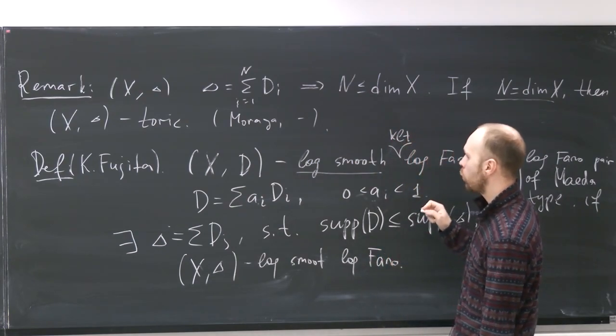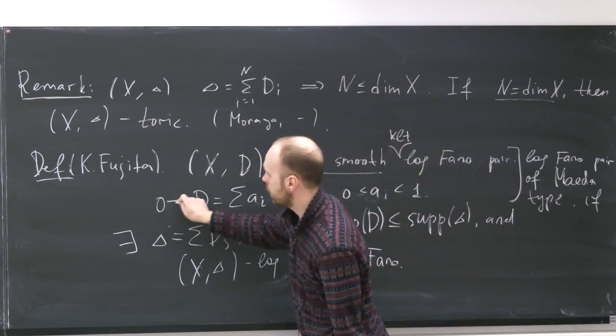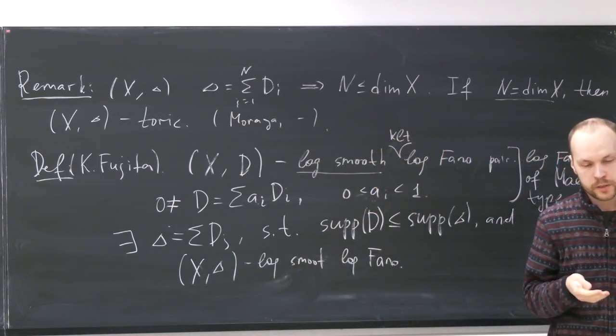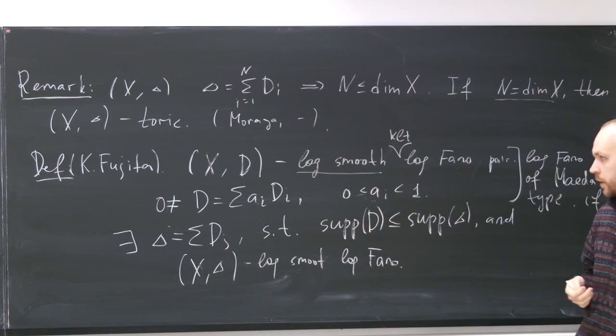So let us also assume that this boundary is non-zero. Again, otherwise we get the classical Fano variety.